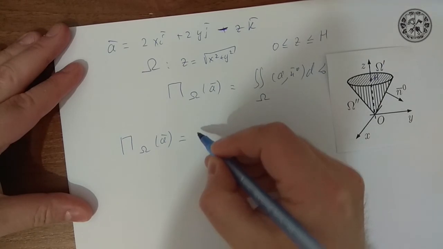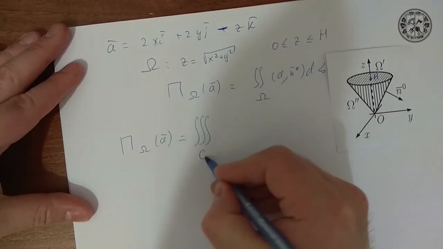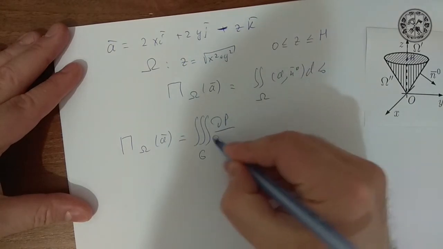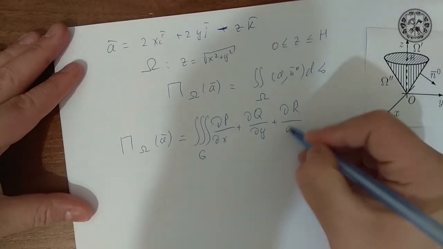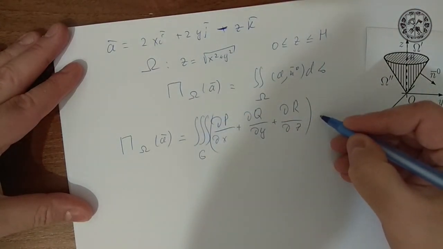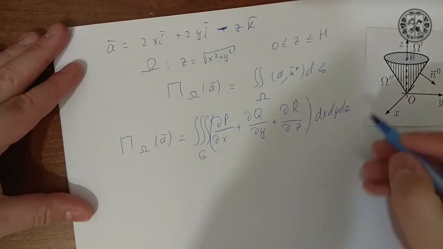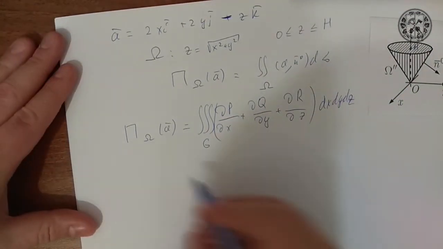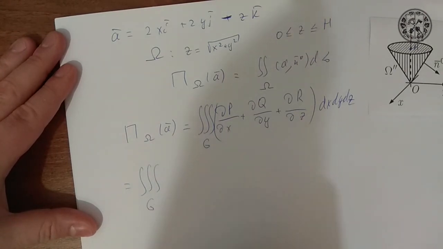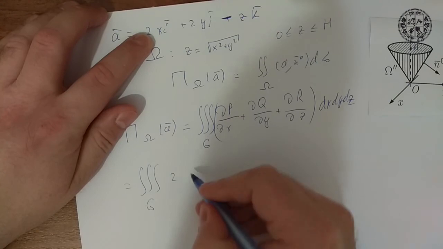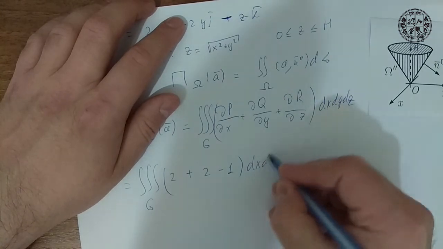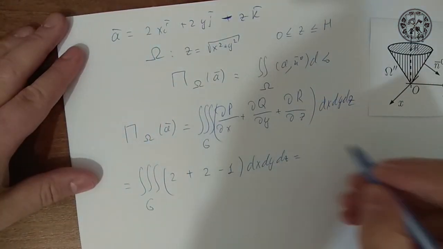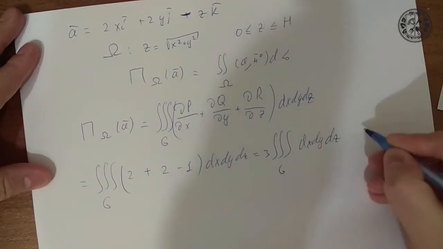Here we can just take the integral by G of dP by dx plus dQ by dy plus dR by dz, dx dy dz. So we will have the triple integral by G, where dP by dx is 2, plus dQ by dy is 2, dR by dz is minus 1, dx dy dz, equals 3 times the integral by G of dx dy dz.